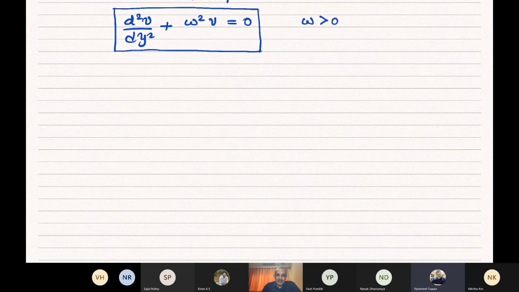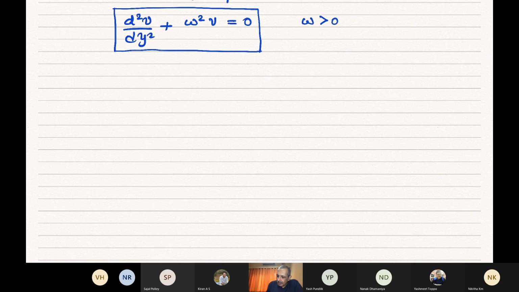How about Yash? Have you ever seen it in any course? Yes, sir. We've actually seen it in a few courses before. I think transport phenomena as well, perhaps. Okay, so let's assume that you have seen this, and there are many ways of solving this.